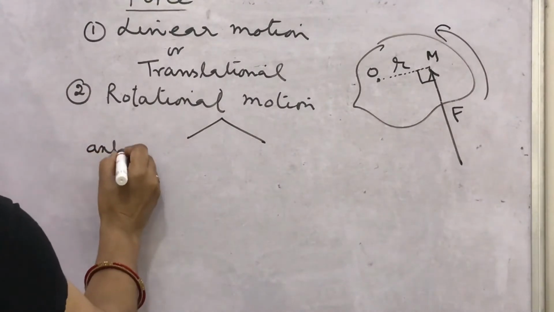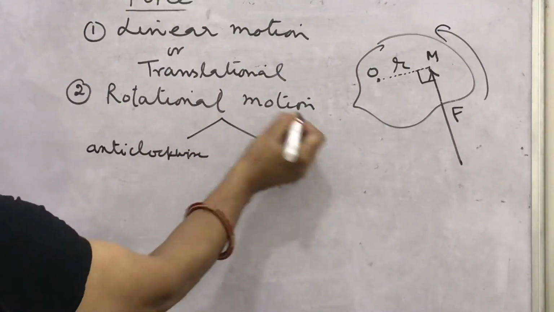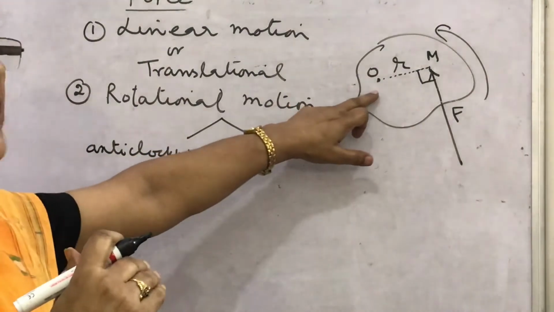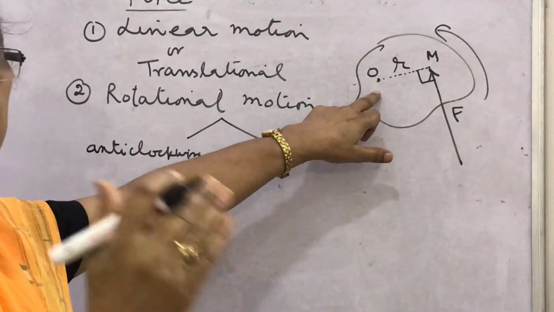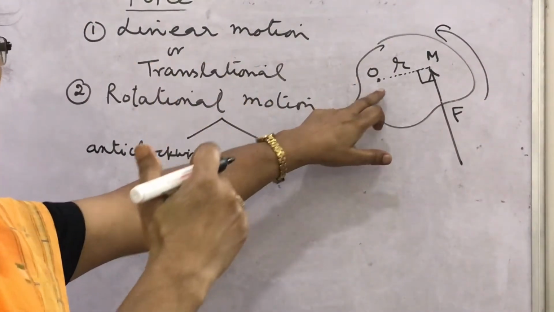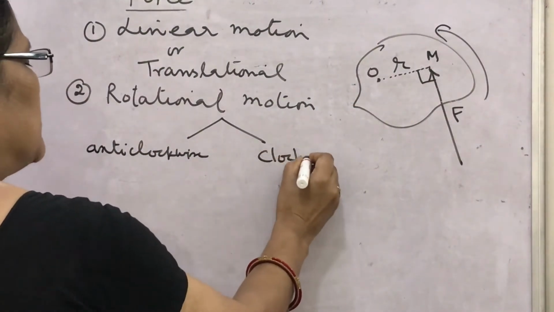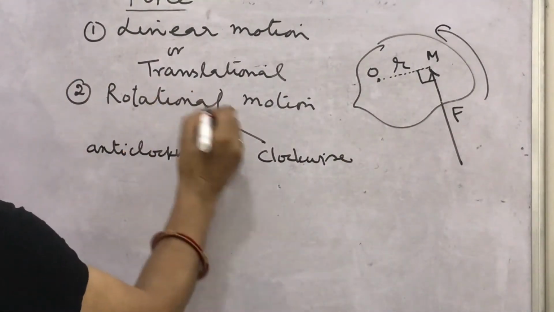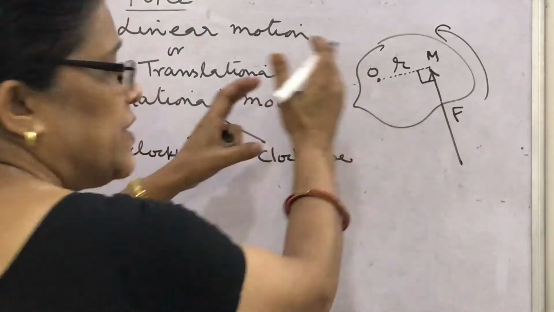Number one, anti-clockwise rotation. And what is this rotational motion? When the force is applied on an object which is pivoted at a certain point in such a way that the object begins to move about this pivoted point, through which the vertical axis is passing, in the anti-clockwise sense. Similarly, the other rotational motion is clockwise.